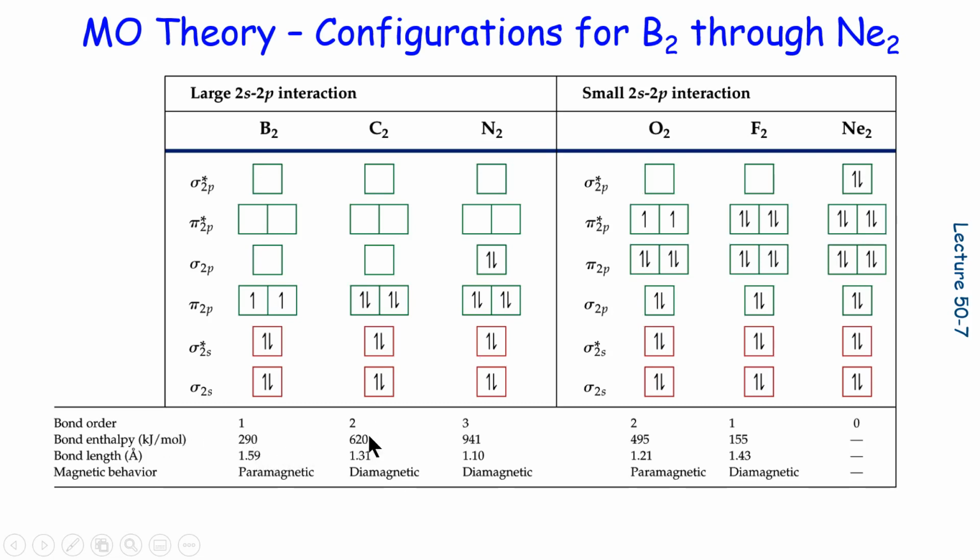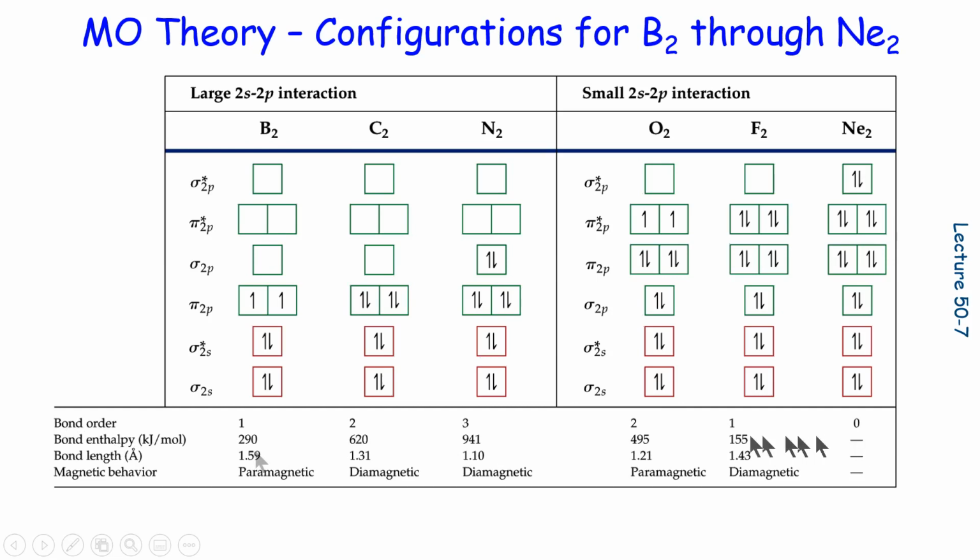With bond order of 2, that's 620, but in N2, bond order of 3, that's 941. And if you look at here, that's a bond order of 2, 495. With bond order of 1, that's 155. The higher the bond order, the higher the bond energy or bond enthalpy. With 0 order, the enthalpy is 0.